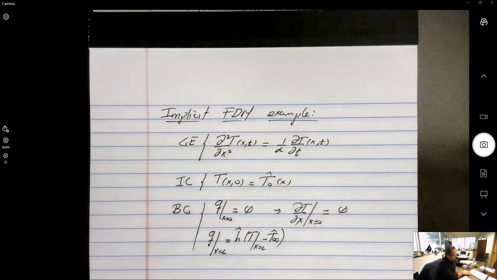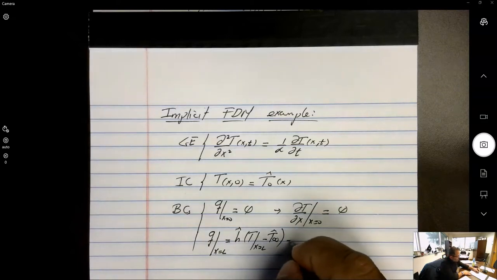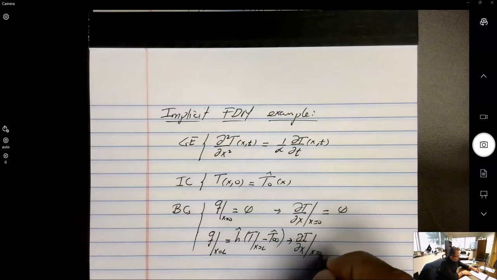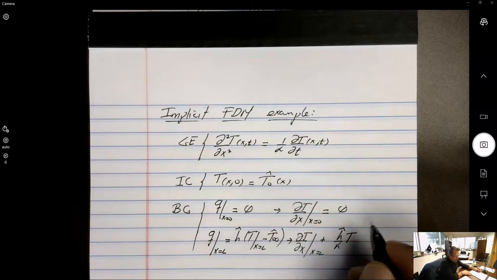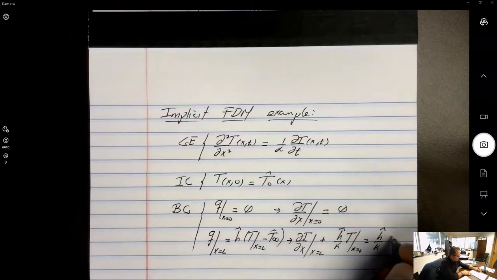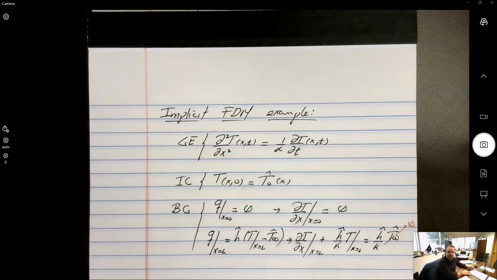And so that means that dT/dx at x equal L plus h over k times T at x equal L is equal to h over k times T infinity. Okay, and we are going to make T infinity equal 0 for this particular example.